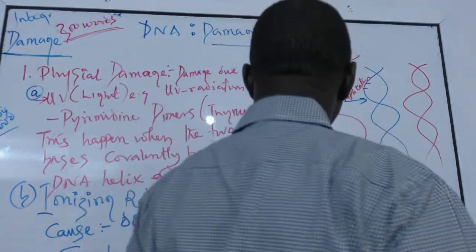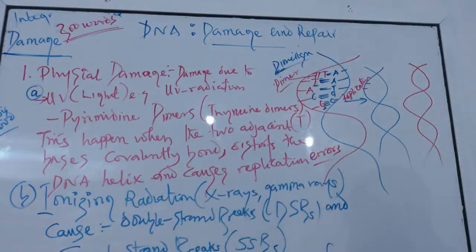So we are going to look at the second type of damage. Don't forget, the first type of damage is physical, and we have told you what could be the source, the origin. How do we come about physical damage to the DNA? We have seen that the first one could be from ultraviolet rays that we get from being exposed to ultraviolet rays.